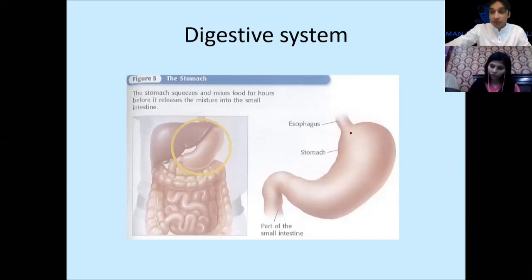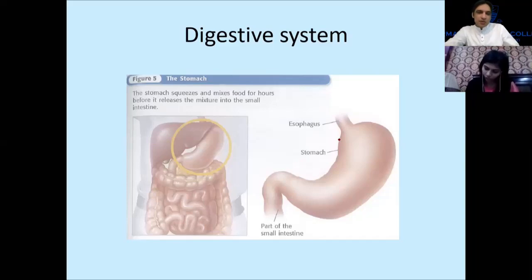The stomach will start eating itself. The enzymes present in the stomach will start digesting the walls of the stomach, and it causes severe pain, and the disease is called stomach ulcer.